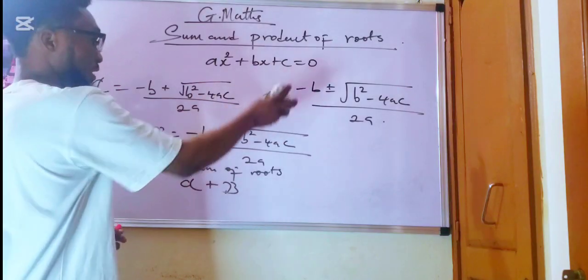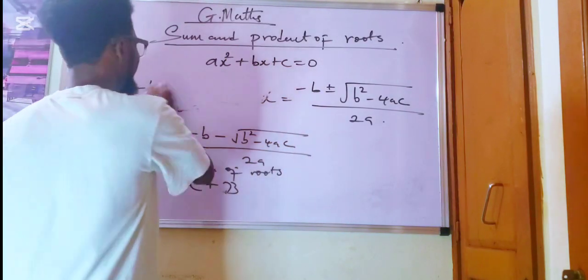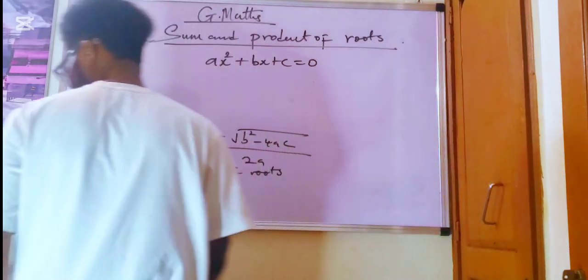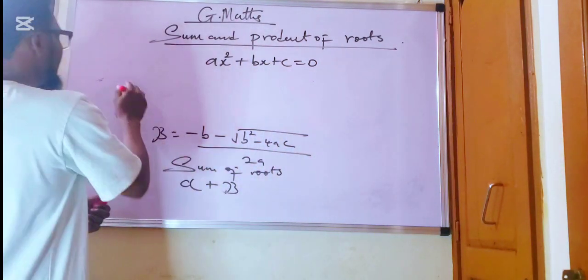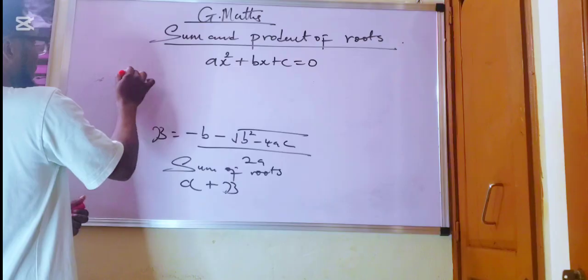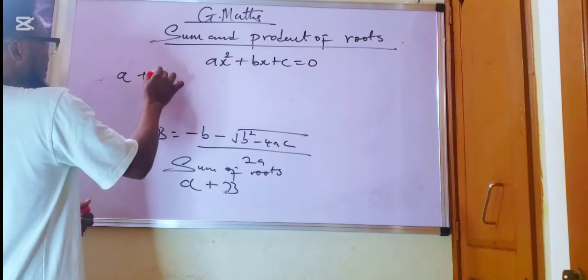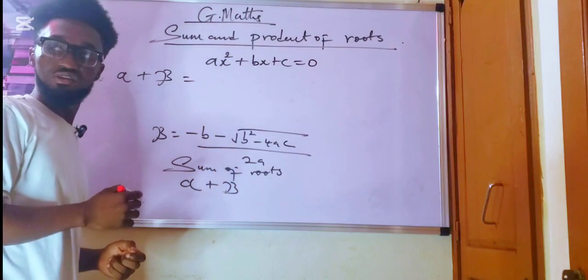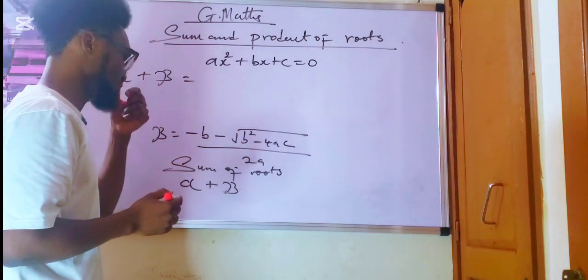So I'll clean here right now and then I'll take you through. Just like we said, alpha plus beta is the summation of these two distinct roots.